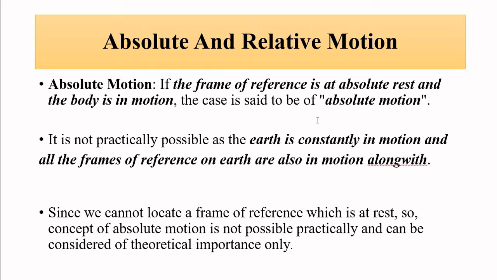Again, this situation is impossible because we cannot find any point on Earth or in outer space which is at absolute rest, because Earth is moving, all the points in the galaxy are moving away from each other, so everything is in motion. So we cannot find the condition of absolute motion because none of the frames of reference is at absolute rest. It is only a theoretical concept, not a practical one.